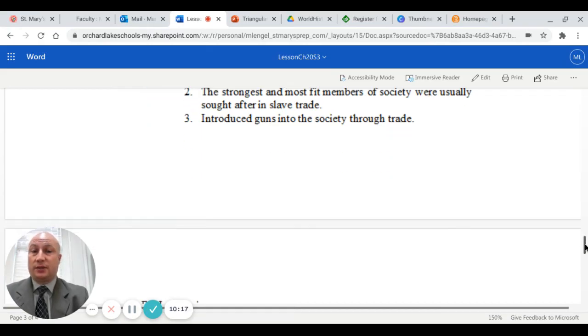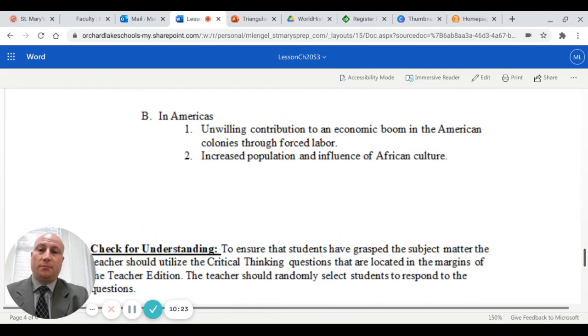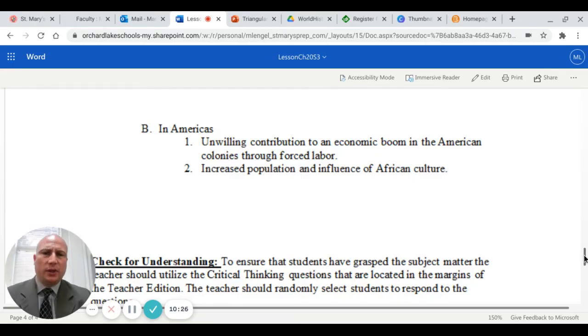It introduced guns into the society through trade, and I sort of explained the catastrophic impact that had. In the Americas, you had an unwilling contribution to an economic boom in the American colonies through forced labor. But in the long run, slavery in the Americas did increase the population and created a cultural diversity with a mix of African culture.